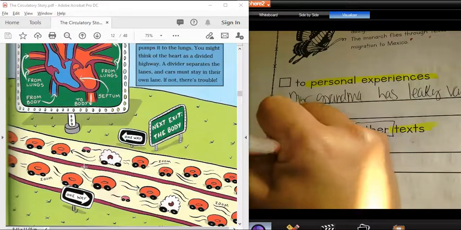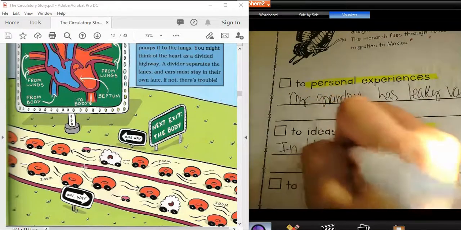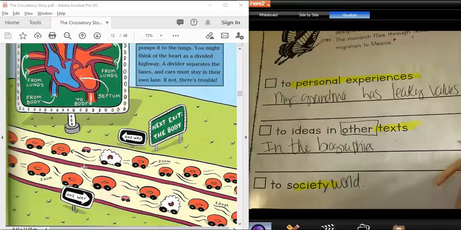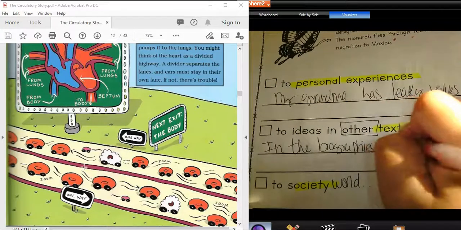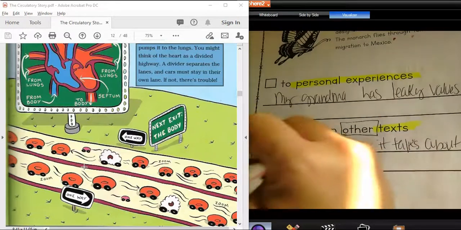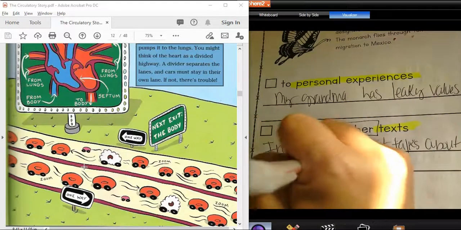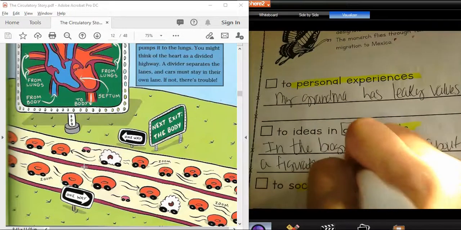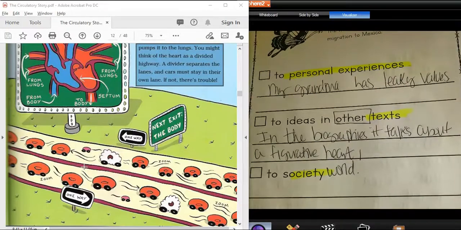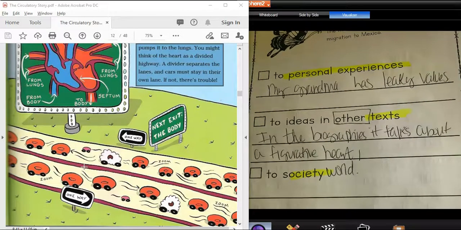So in the biographies, it's talking about what type of heart? A figurative heart. And the circulatory story is talking about a literal or an actual or real heart.